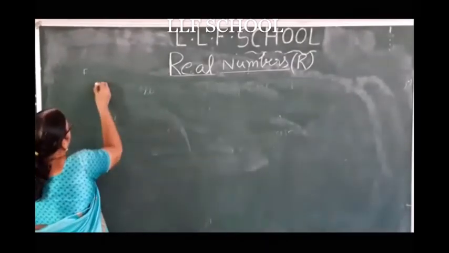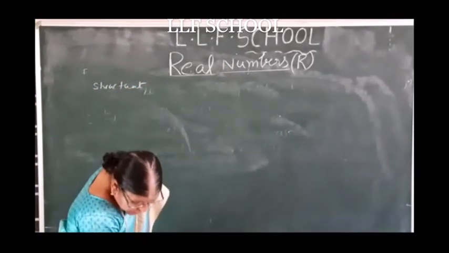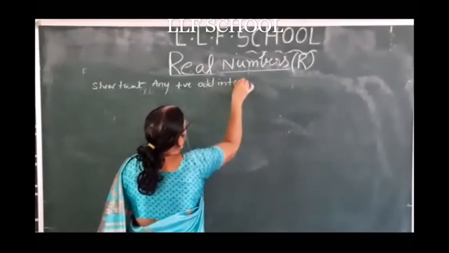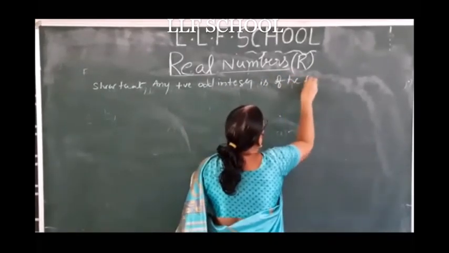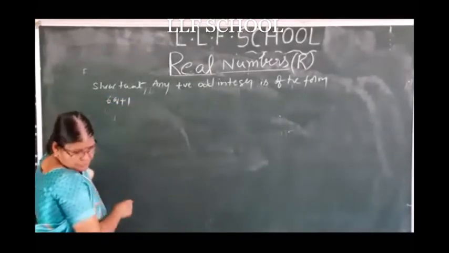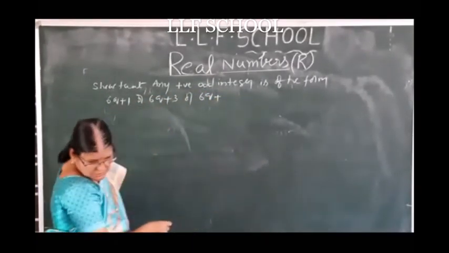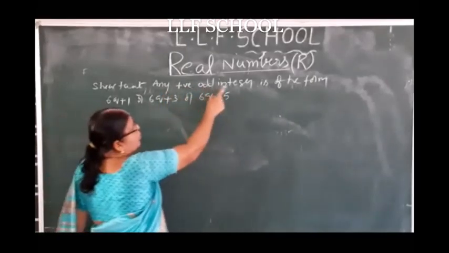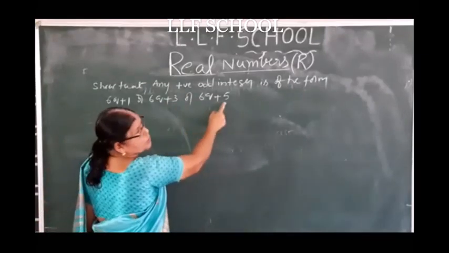Now, see here, show that any positive odd integer is of the form 6q plus 1 or 6q plus 3 or 6q plus 5.